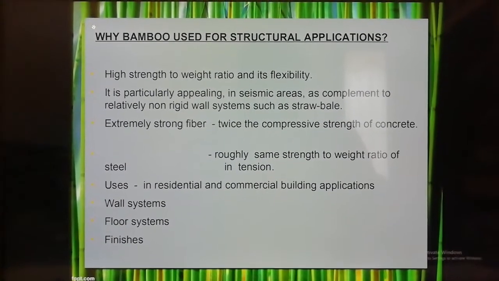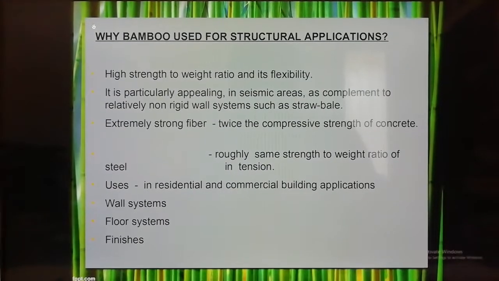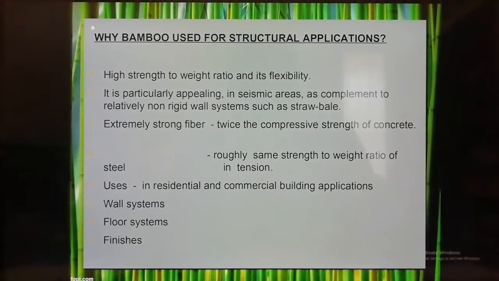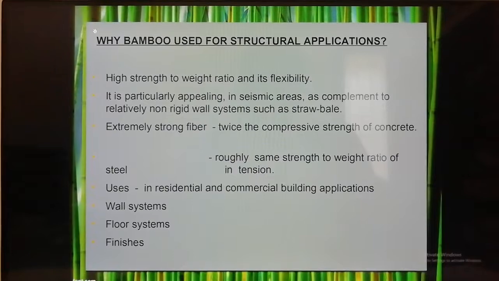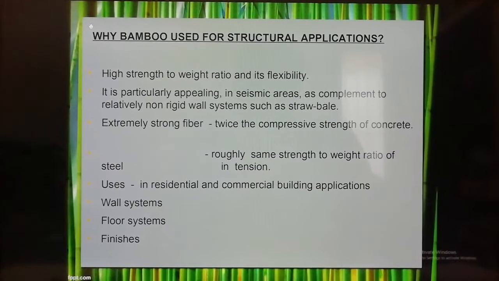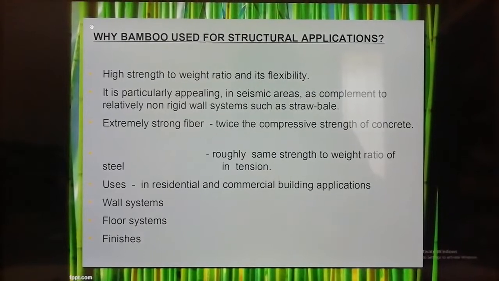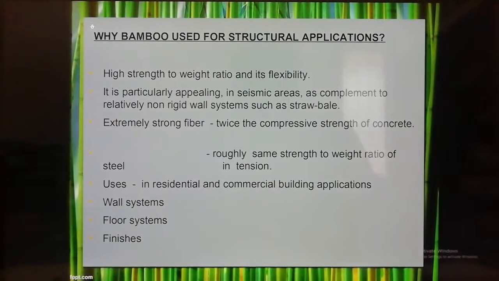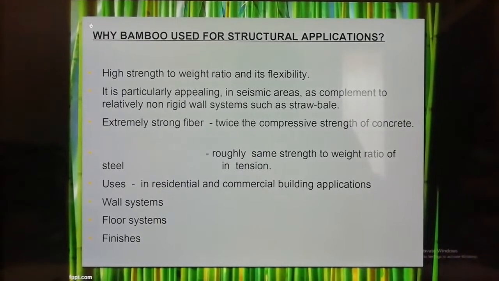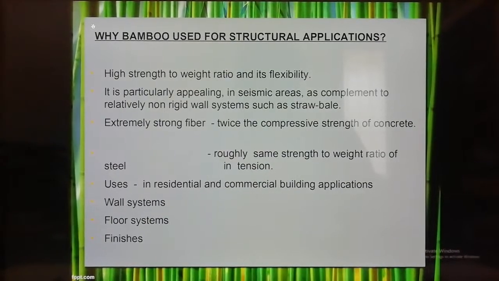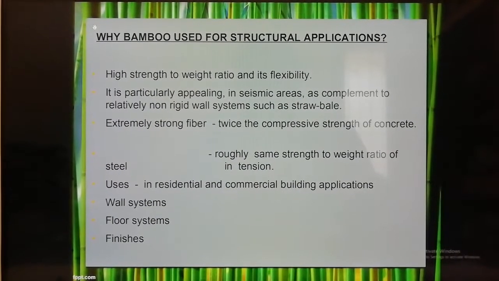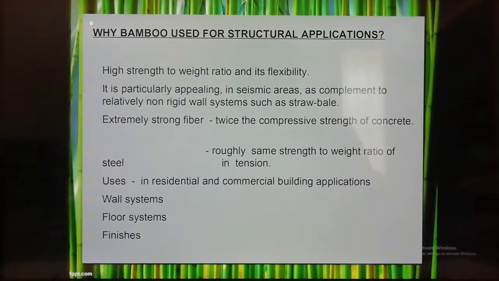With bamboo, there's this word called flexibility, which means the bamboo actually bends itself so that the amount of weight or pressure can be mitigated. Now, for example, these areas are called seismic areas. Seismic areas are areas which are prone to earthquakes.